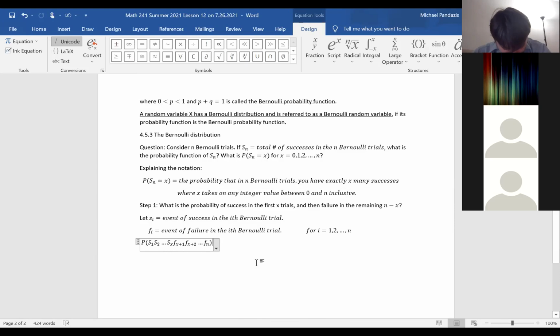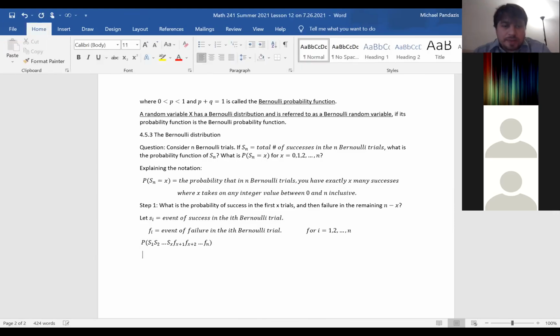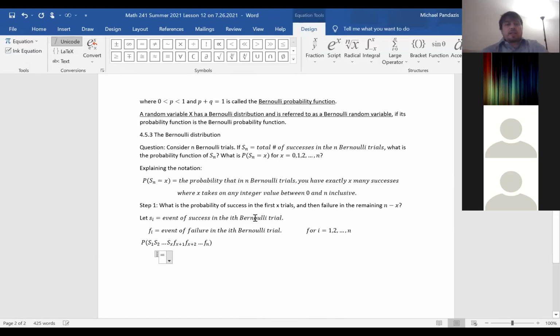So that's the probability we want to find: success in the first X trials and failure in the remaining n minus x. That would mean you succeed in the first and succeed in the second and ... and succeed in the X and fail in the X plus first and fail in the X plus second and ... and fail in the nth.